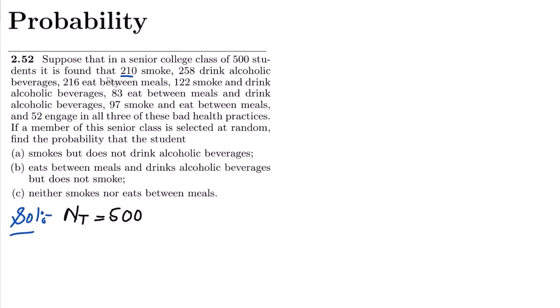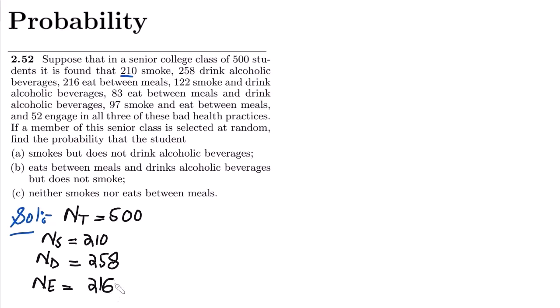Similarly, it is found that 210 smoke, so the number of students who smoke is N subscript S, and that is 210. 258 drink alcoholic beverages, so let me represent it with N subscript D, and that is 258. And similarly, 216 eat between meals, and let me write it as N subscript E, and this is 216.